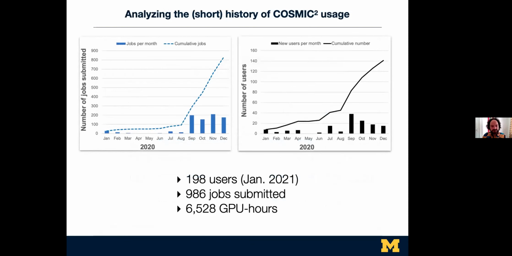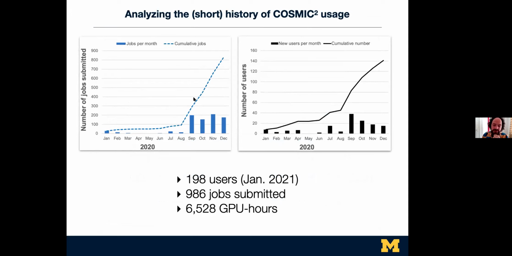To give you a sense of what we've had, we've been open for business, I would say, since early spring, where we had some beta testing users come in, and then we added some tools that I'll talk about in a second in August, September, and then we've had a steady number of jobs submitted.